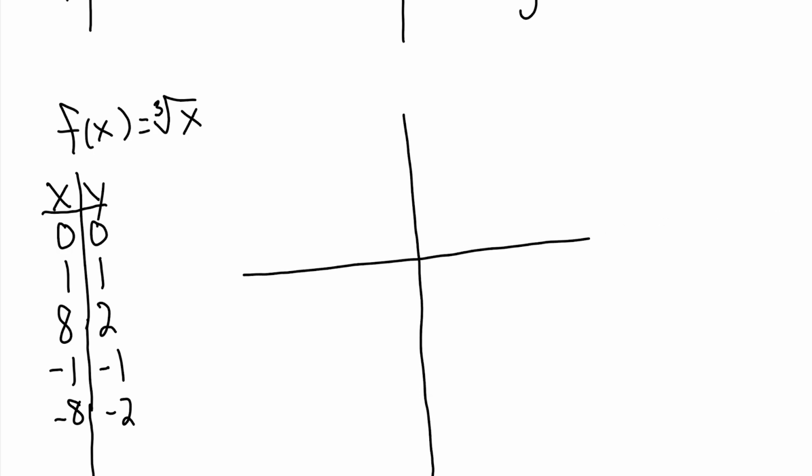So we'll go ahead and put this in here. We got 0, 0, 1, 1, 8, 2, and then -1, -1, -8, -2.